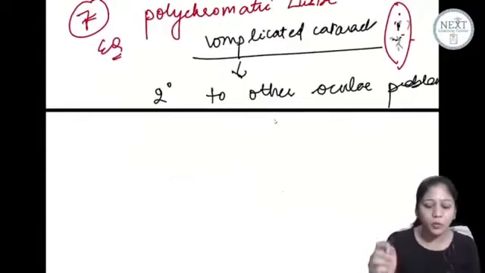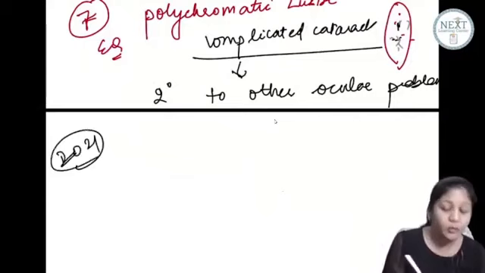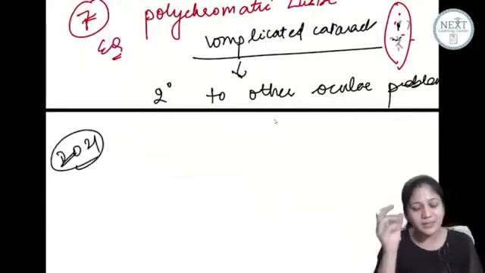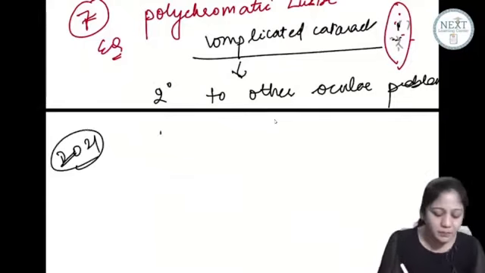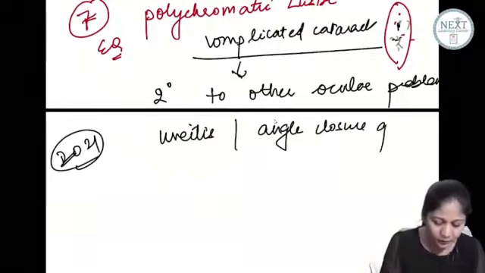Now, a few things more about complicated cataract. In 2021, you had a question related to this topic. Please see. Now, this is mainly after uveitis, after angle closure glaucoma. Please write down.